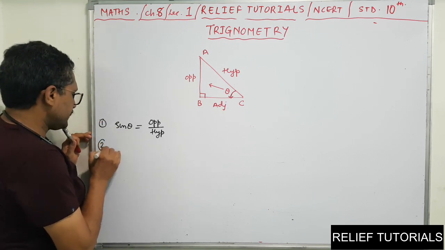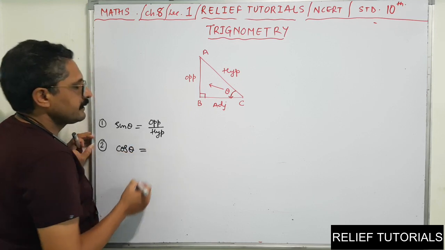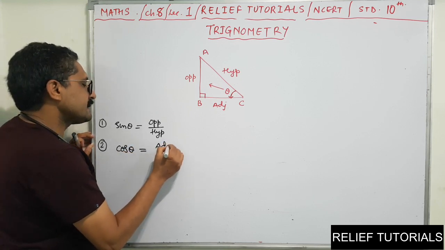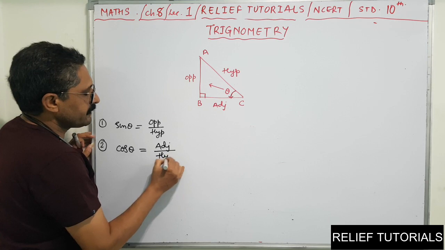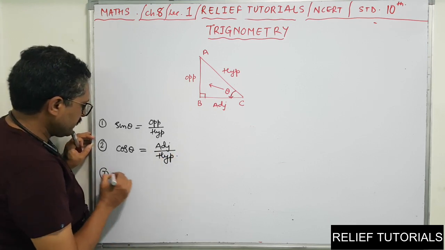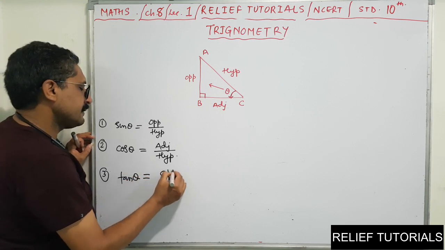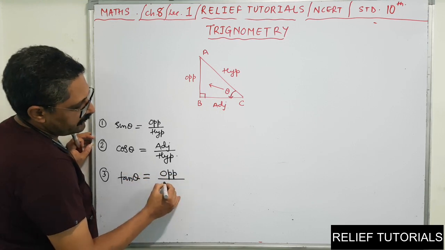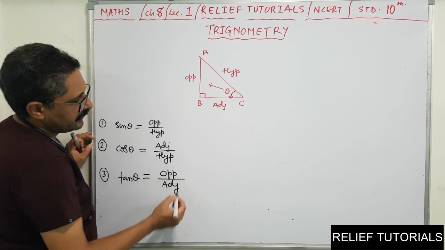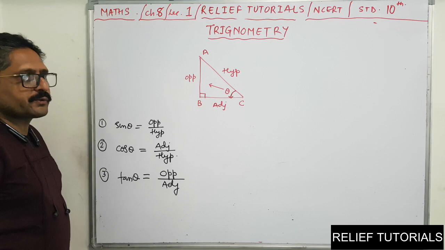Then second, I will take cos theta, that is adjacent upon hypotenuse. The third is tan theta, that is opposite upon adjacent side. So three ratios.